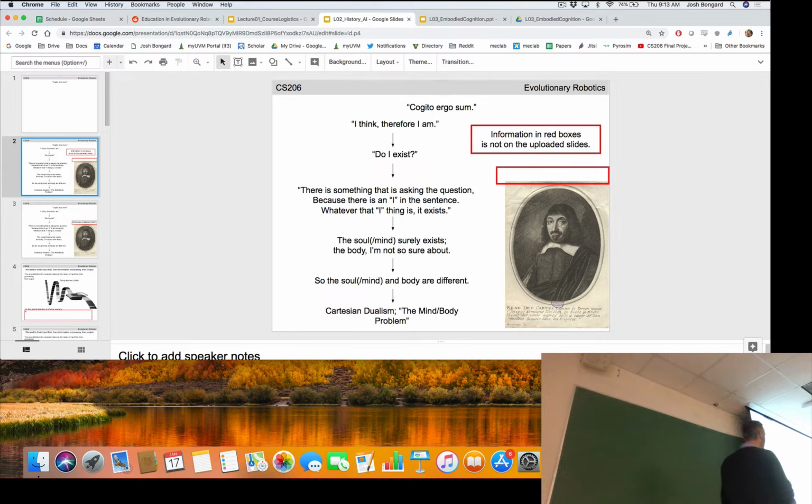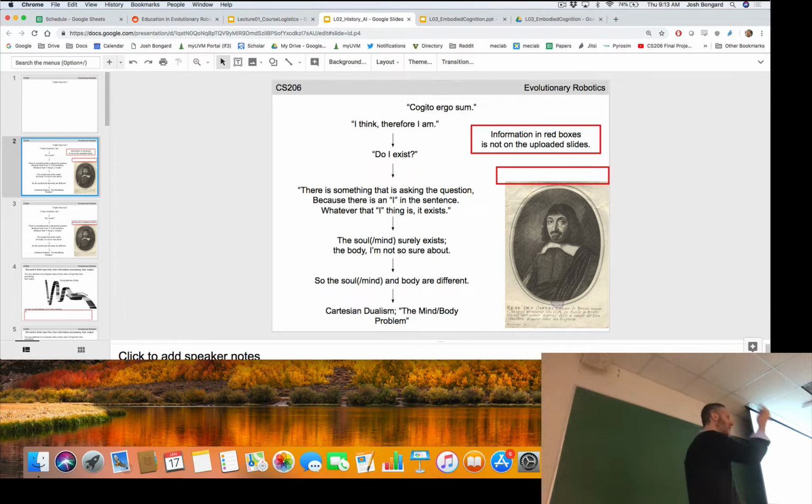So that set up a very important distinction. These are two very different things. The res cogitans, the I, the soul, or the mind, is one thing, and the body is something else. In the centuries to follow, this has become known as Cartesian dualism.